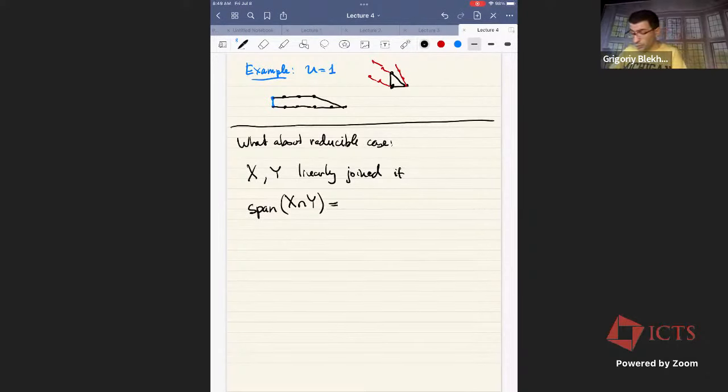This is equal to the linear span of X intersect the linear span of Y. Right, so one inclusion is trivial. The other inclusion is what makes it special.